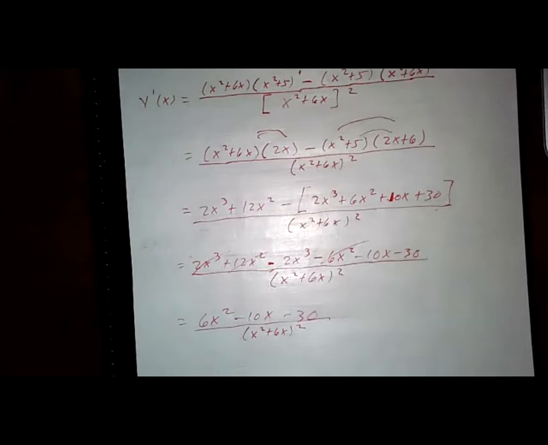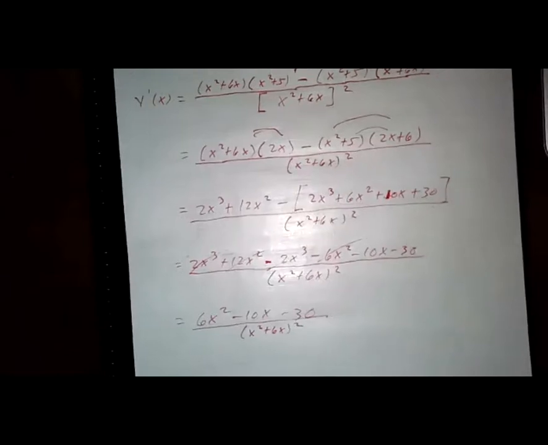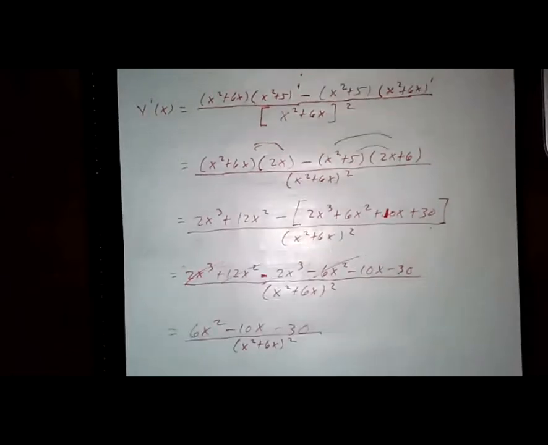Top part's good. I had a different bottom. Is it 6x squared plus 10x plus 30 over x squared plus 6x, squared? They have an extra x squared here. Is that what you get?